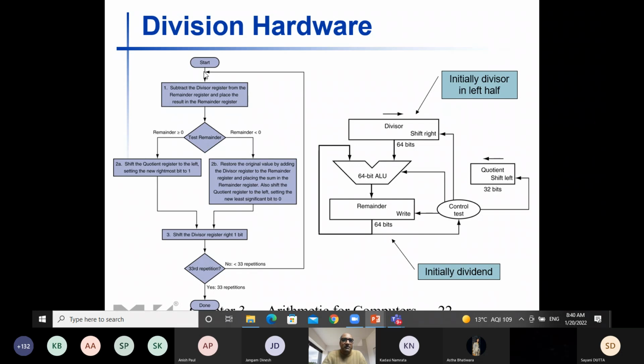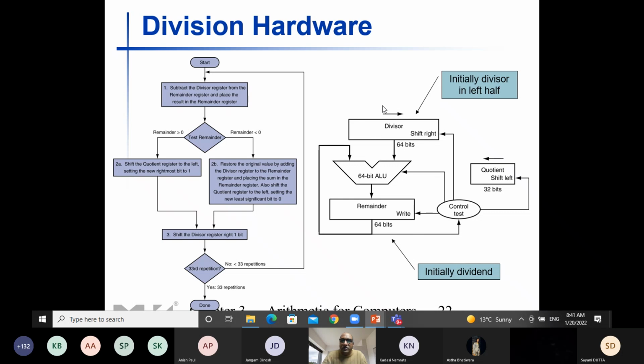If you start at the beginning, the first step is to subtract the divisor register from the remainder register. Here you can see the hardware that is required. The remainder will be a 64-bit register, the ALU is also 64 bits, and the divisor also.